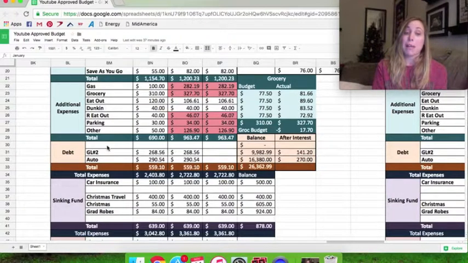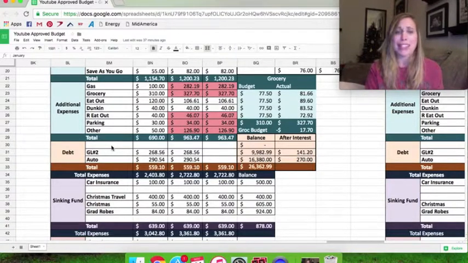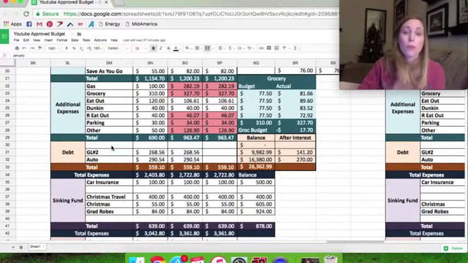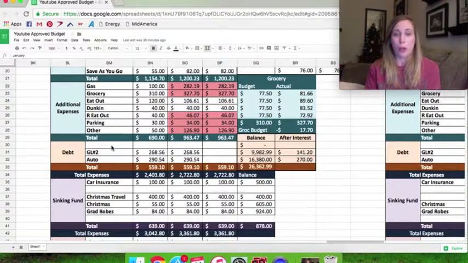But when I paid off the first loan, which you can see is now blank here, I decided instead of keeping that money for myself, I would just keep that automatic payment exactly the same at $268.56, and those extra funds go to whichever loan I want.